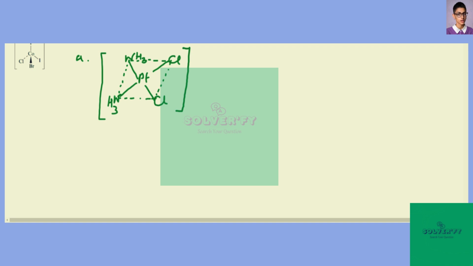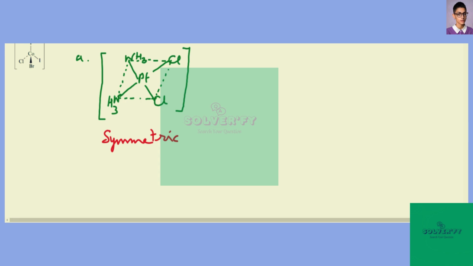Now look at the molecule and decide whether it can exhibit optical isomerism or not. Here you can see that this molecule is symmetric. It has a plane of symmetry, and by that we can divide it into 2 equal halves.